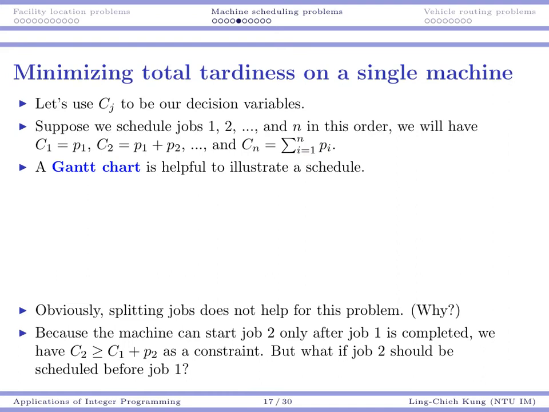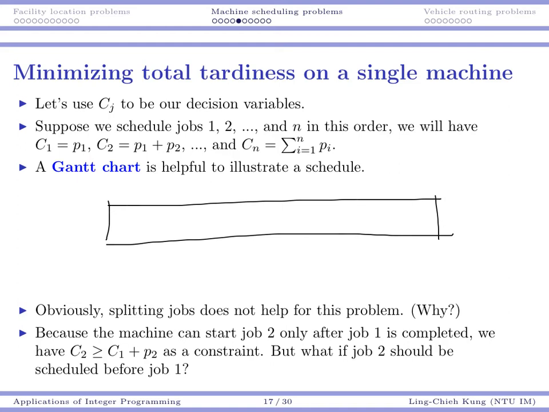Here we can use a so-called Gantt chart to help us illustrate this schedule like this. Okay, so I have a machine and I start the machine by working on job 1. Then this would be p1, and that's why this is C1. Then I spend some time to work on p2, job 2.